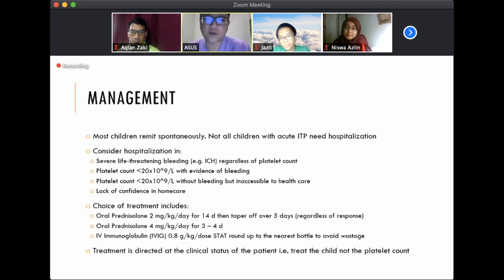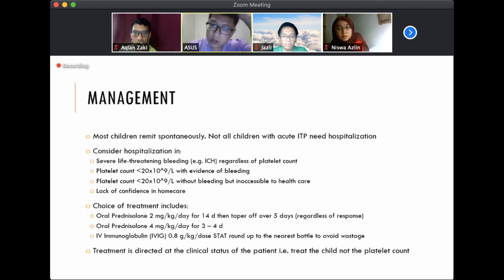They say incidence is not many, but I remember when I was MO in HTA many years ago, we had a patient with chronic ITP who went to Kemaman Hospital with a platelet count of like 20. The patient had reduced conscious level, then was admitted to ward. Nobody monitored. By the time the patient came to us in HTA 7-8 hours later, already unconscious, the patient already had intracranial bleed.